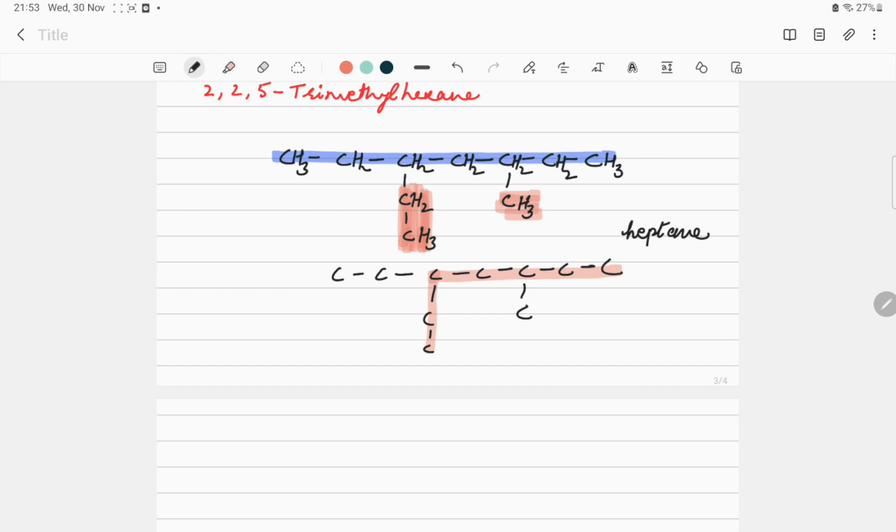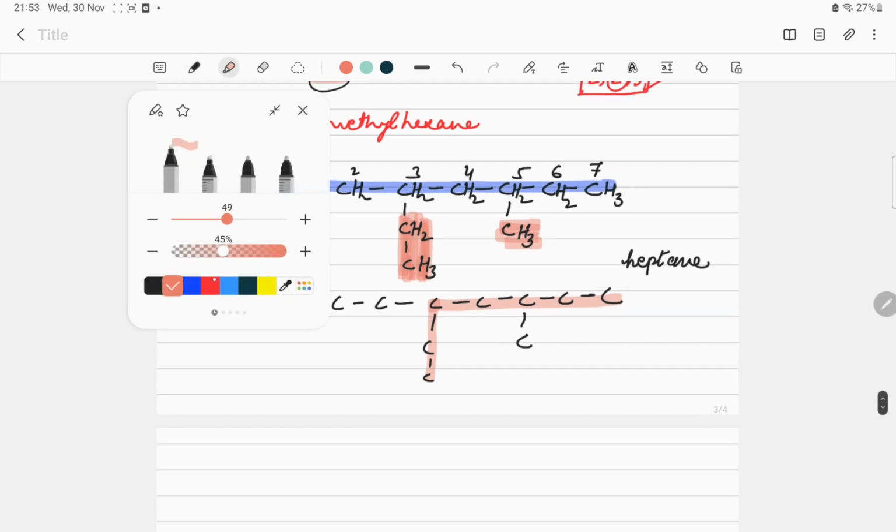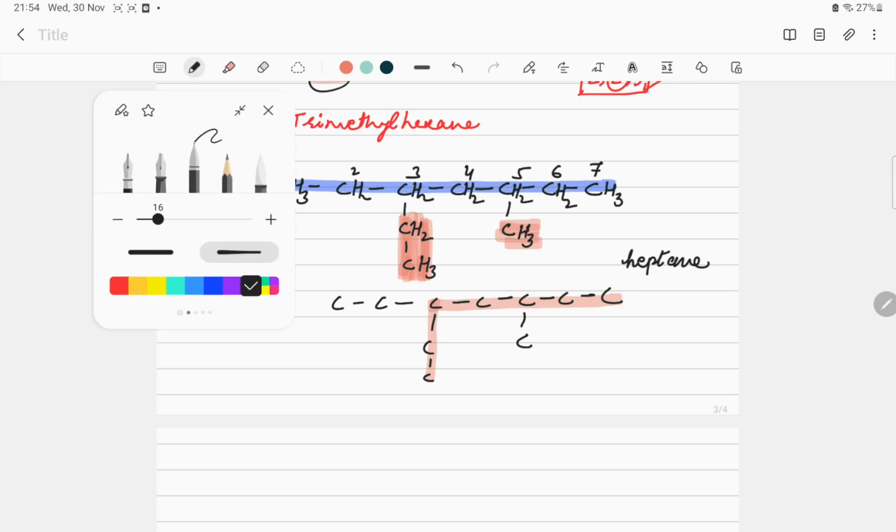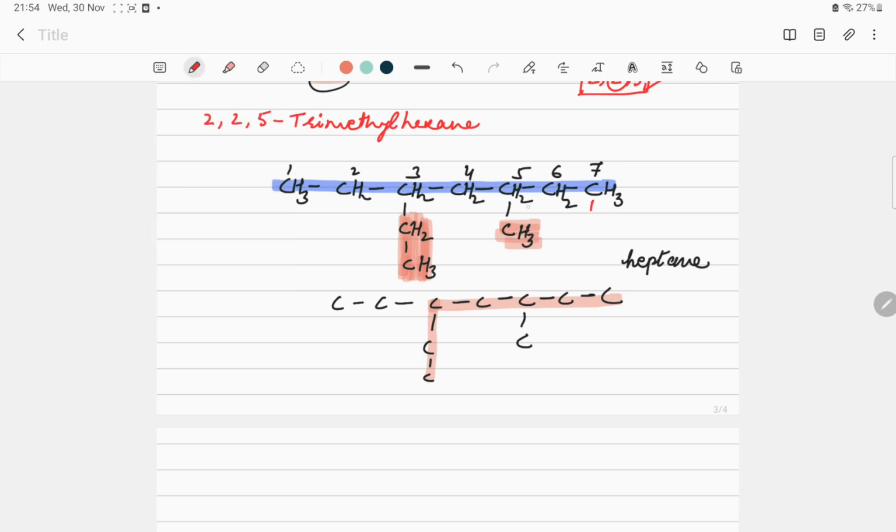The possibility of numbering is 1, 2, 3, 4, 5, 6, 7. So ethyl is at number 3 while methyl is at number 5. If we number it from right to left, how is it going to be? The numbering can be done like this: 1, 2, 3, 4, 5, 6, 7.